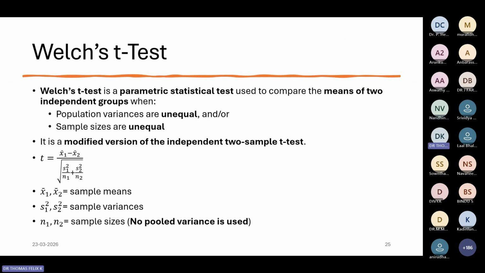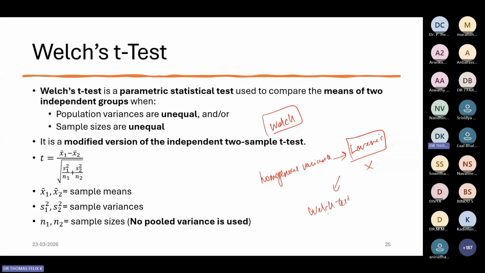Generally, when the variance assumptions are not met, as I said, the data should have homogeneous variance, which is based on Levene's test. If it is not met, then we have to use the Welch test. I'll show how to do the Welch test.